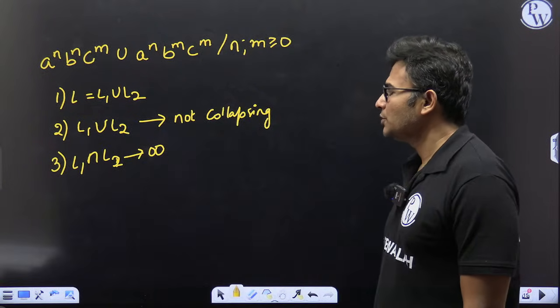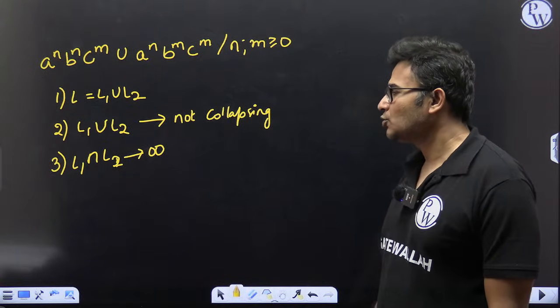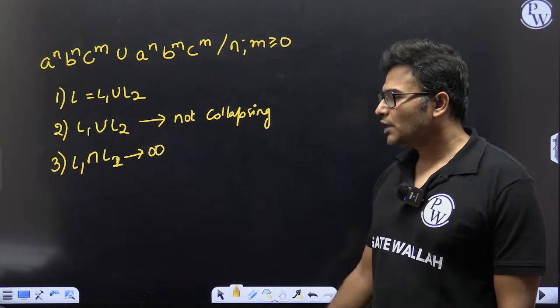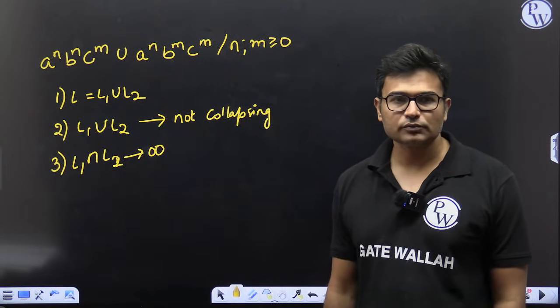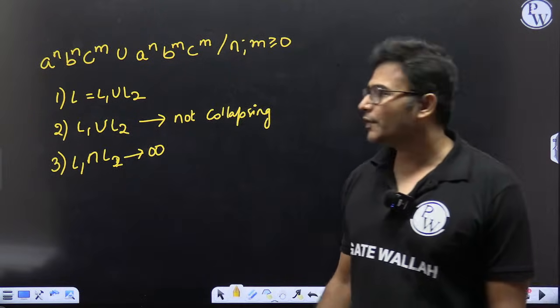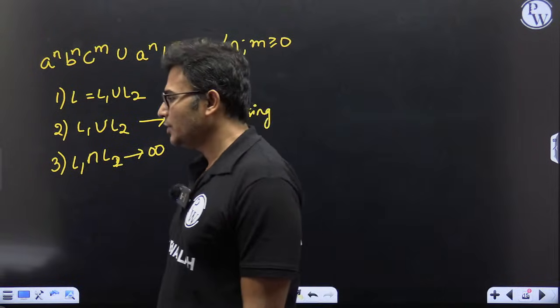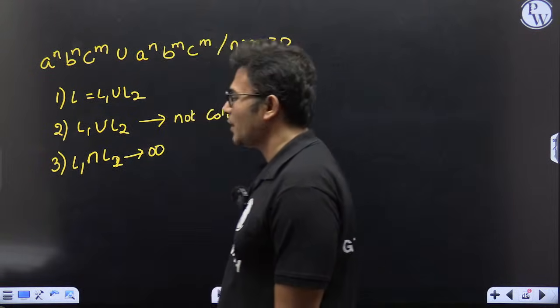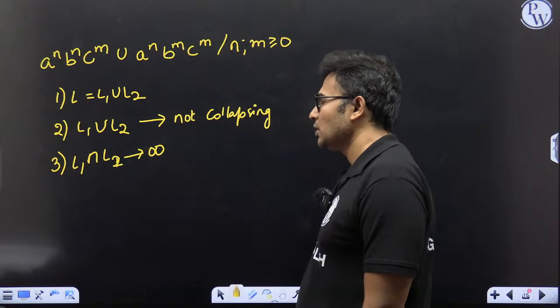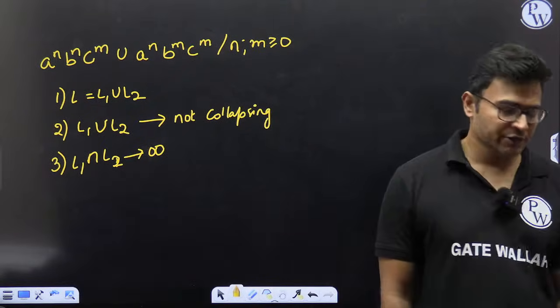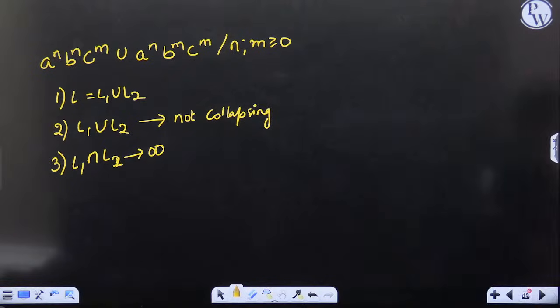So tell me about this. L1 intersection L2 should be infinite. What is L1 intersection L2 here? In one language, A's and B's should be equal, and in the other language, B's and C's should be equal. What is L1 intersection L2 in this?